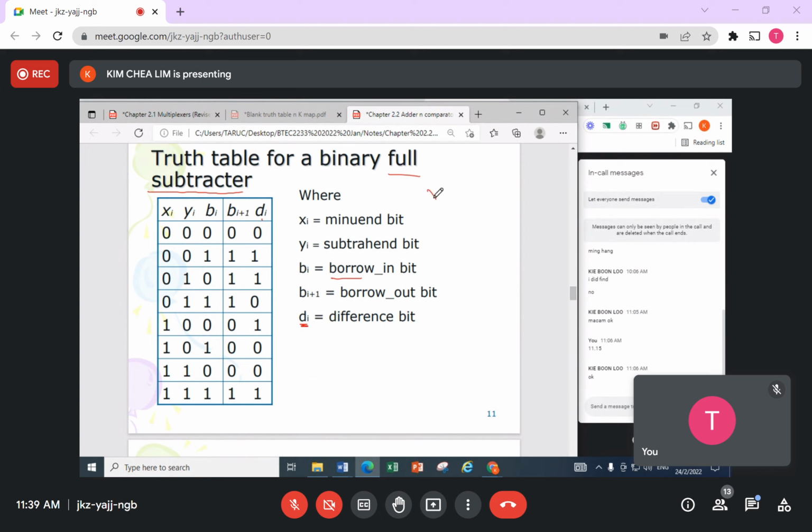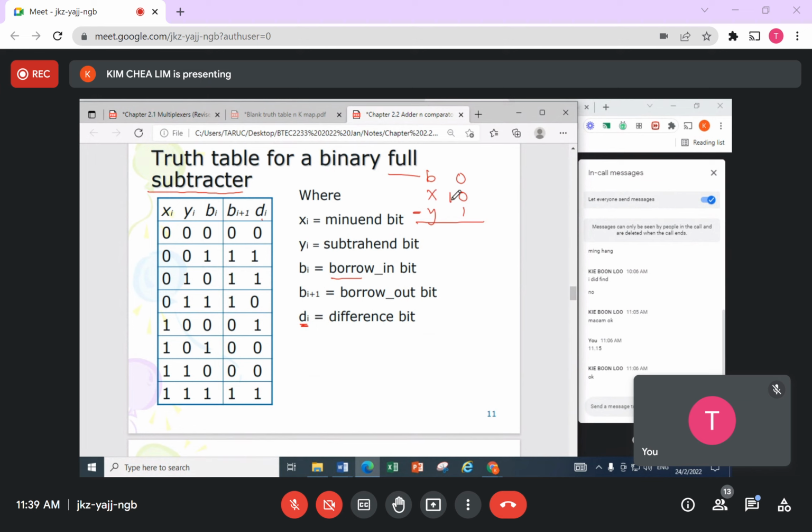Now I have X, I have Y. My borrow is here. I purposely do it this way, so there is no need to borrow at first. Of course, I start off clear, no borrow. My X is a 0, my Y is a 1. What I'm doing here is X minus Y. Then, do I have enough to minus this 1 or not?